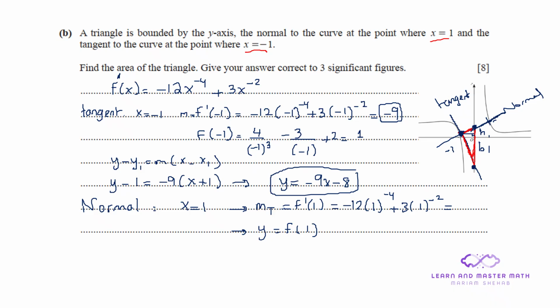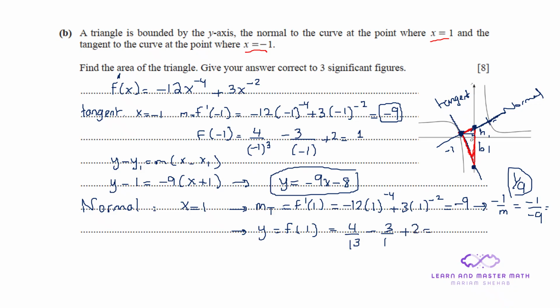No, you will get also a minus 9, not a 3. And then you do opposite reciprocal, which is minus 1 over m, and minus 1 over minus 9, which is 1 over 9. So here, the slope is 1 over 9. And for f of 1, you go and substitute 4 over 1 cube minus 3 over 1 plus 2.